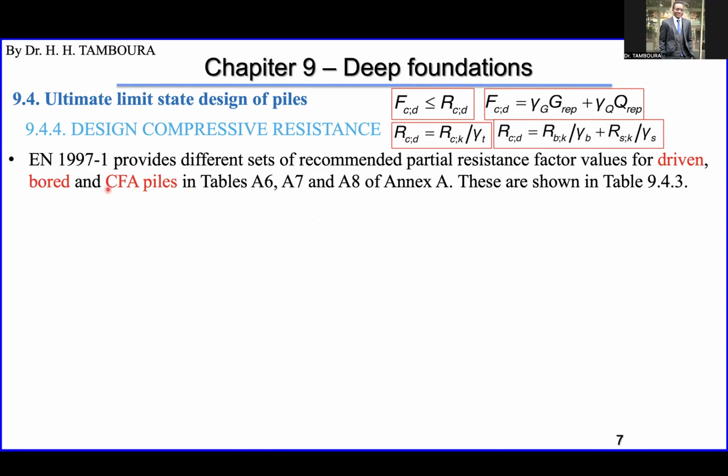I hope you know the meaning of driven pile, bored pile and CFA pile. If you don't know, please go and check. I don't remember if I explained this in the first lesson of this chapter, but go and check.